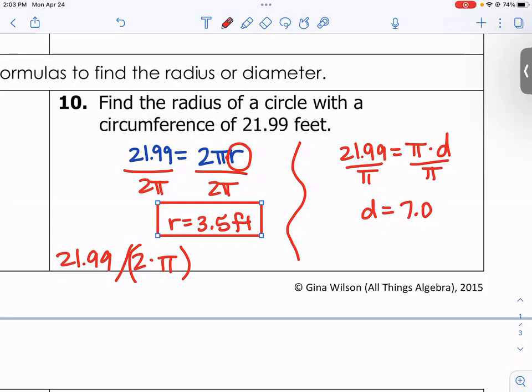I did 21.99 times, and it gave me an answer, and I used that answer. So 2 times pi, then you have to take the 21.99 divided by that. Stop. How did you put the answer in there?